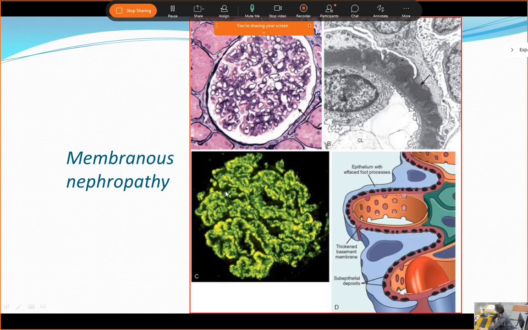And most of the time it is a secondary cause of nephrotic syndrome. That means these kind of patients have a primary disease like they're suffering from some autoimmune disorder, rheumatoid arthritis, systemic lupus erythematosus. So they may have a primary disease, and membranous nephropathy may be a secondary change to that primary disease. So the treatment will be based on the primary disease.